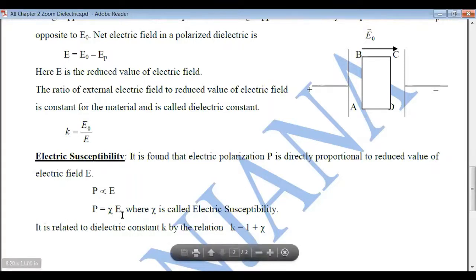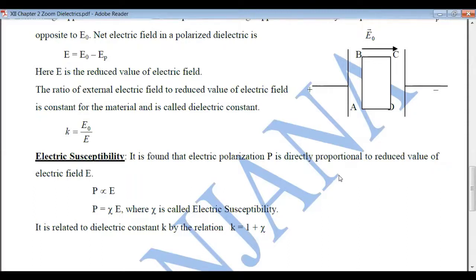So P is equal to chi into E. And this dielectric constant is related to electric susceptibility by K is equal to 1 plus chi. Whenever a dielectric slab is placed in a uniform electric field, some electric field remains inside the dielectric slab, and this is called the reduced value of the electric field.